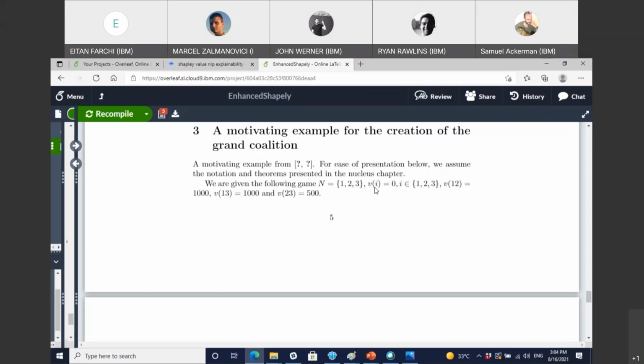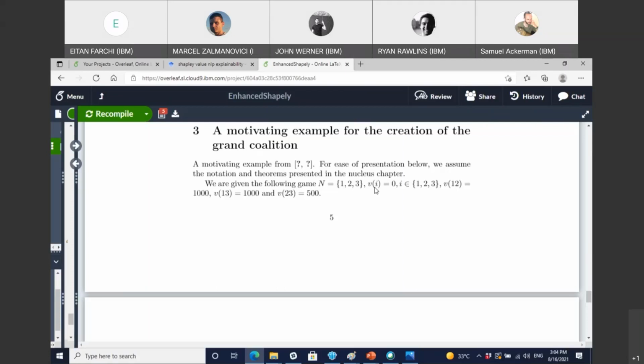The characteristic function means that a subset of these three players can ensure that they're going to get some value or some utility, regardless of what the others are doing.